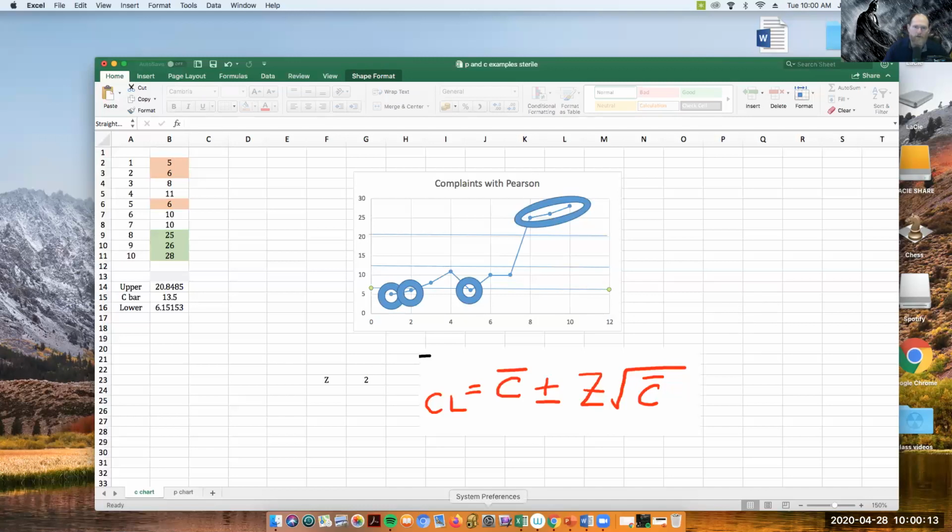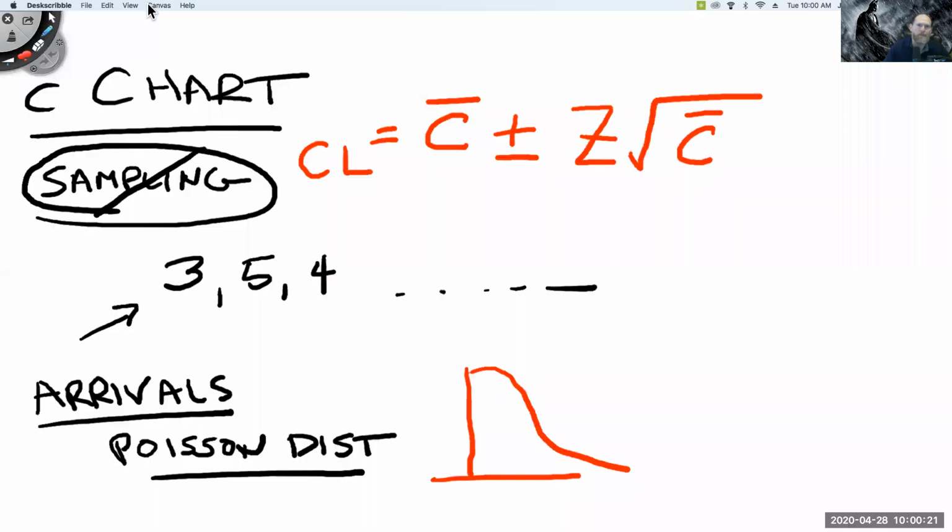Okay, so let's talk about the P chart. Okay, so that was our C chart. Now, when we talk about the P chart, it's not necessarily the opposite, but it is an instance in which we're sampling.